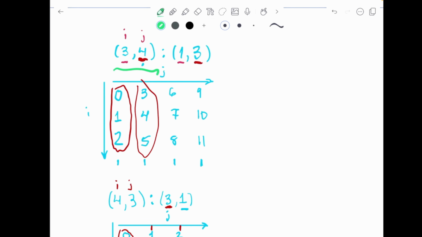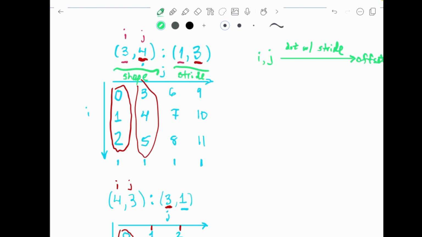So this one has I values between 0 and 3, not inclusive, and j values between 0 and 4, not inclusive. The stride tells you how to go from a coordinate I, j to the offset, which is just an integer, and you do it by taking the dot product with the stride.